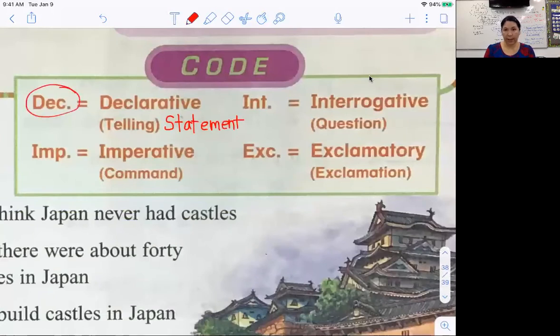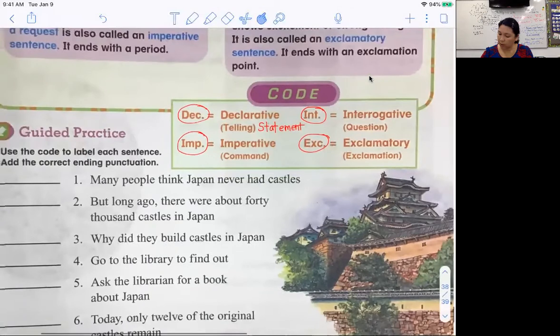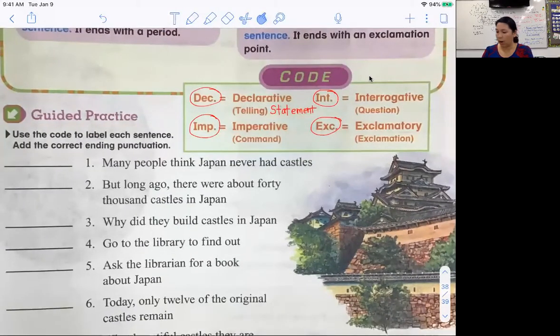DEC stands for declarative. Interrogative asks a question, and they abbreviate it with INT, the little period. Imperative is a command, and they abbreviate it IMP. And then exclamatory shows strong feelings. It's an exclamation. And we do EXC for that, okay? All right, so those are our codes that we're gonna use when we're writing down our answers.